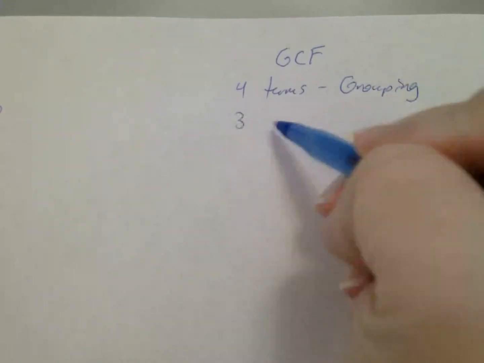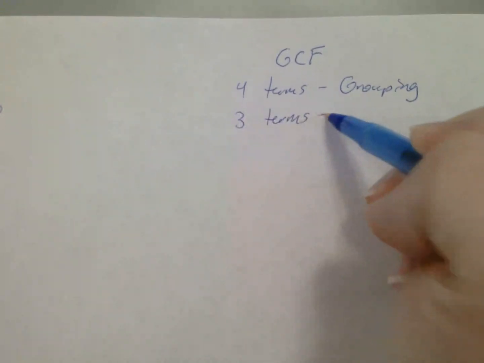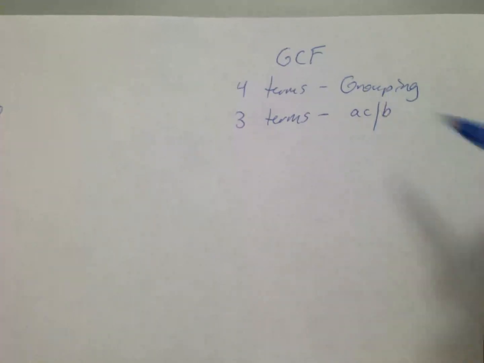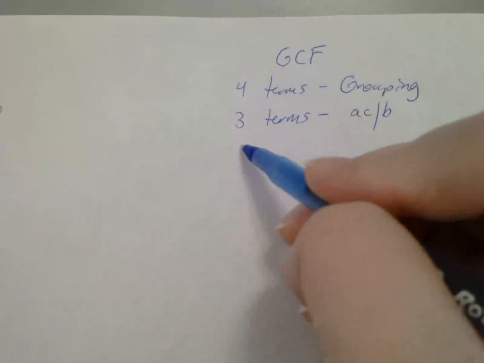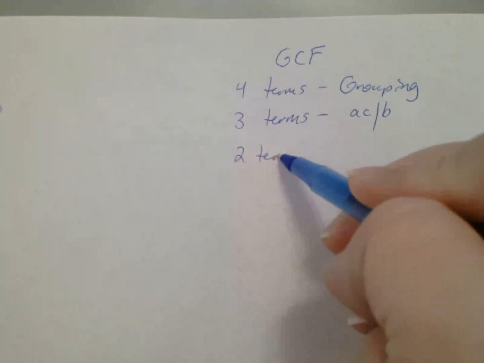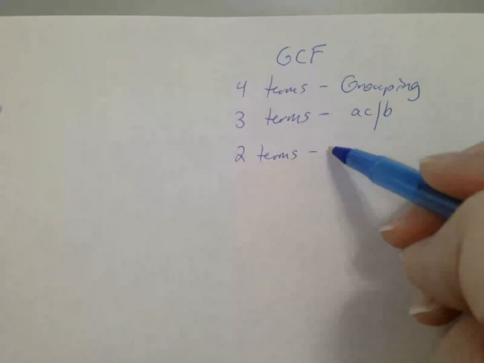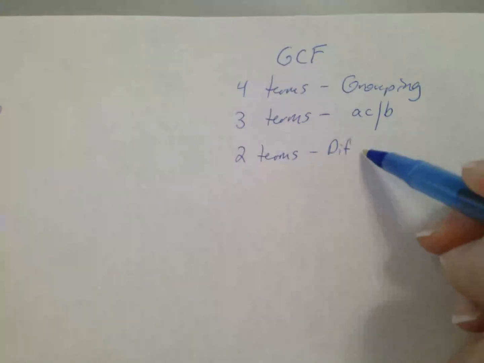If we've got three terms, we basically turn it into four terms using that ACB chart. Now today we're going to look at if there's just two terms, and we're going to look for what's called the difference of squares.